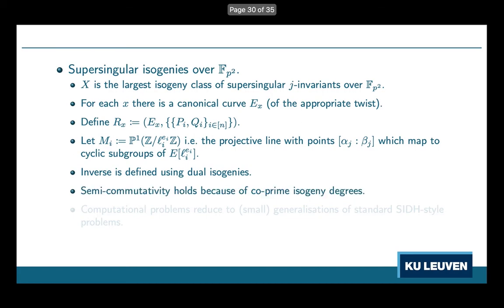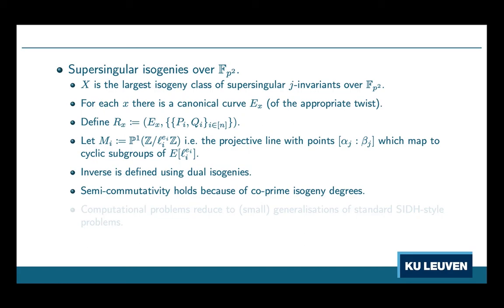And finally, semi-commutativity holds because of the coprimality of isogeny degrees. So the isogenies, one which is of degree a power of l_i and another which is of degree a power of l_j, can be applied interchangeably, and we will arrive into the same isogeny class, so the same curve class, sorry, the same j-invariant at the end.